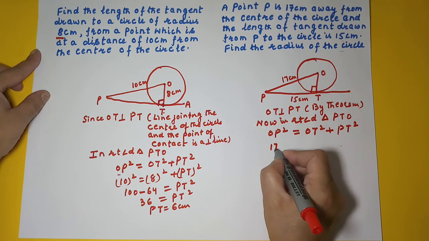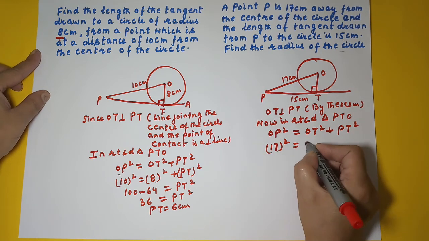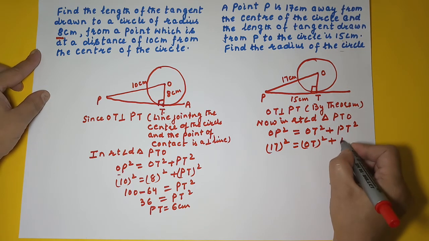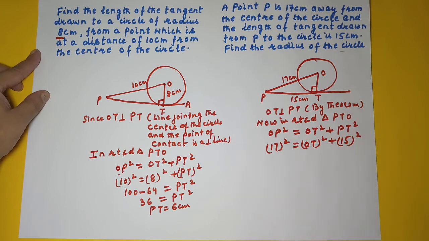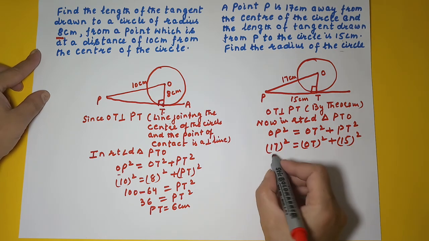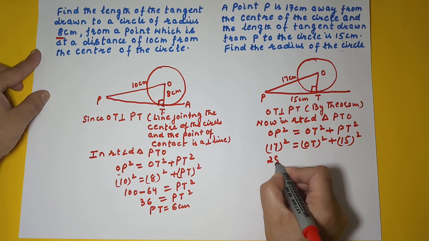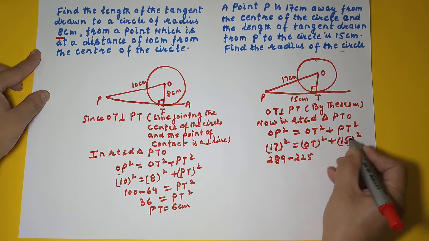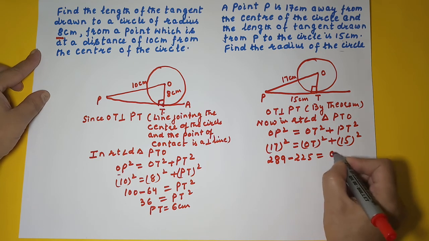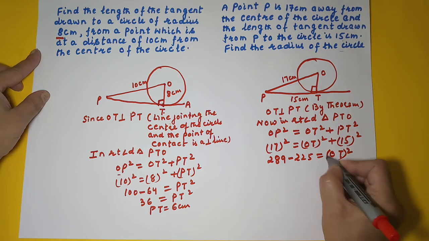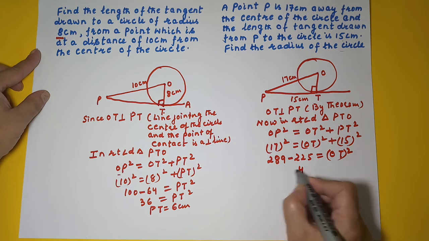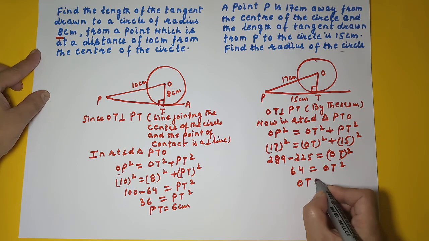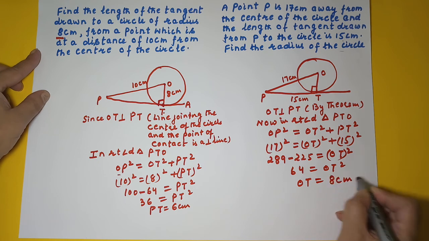Now, OP is 17 centimeter. This time OT, that is the radius of the circle, we have to find. PT is length of the tangent, given 15 centimeters. So 17 square is 289, 15 square is 225. We have shifted this to this side, minus 225, is equal to OT square. So this becomes 64 is equal to OT square, which gives you OT as 8 centimeters.